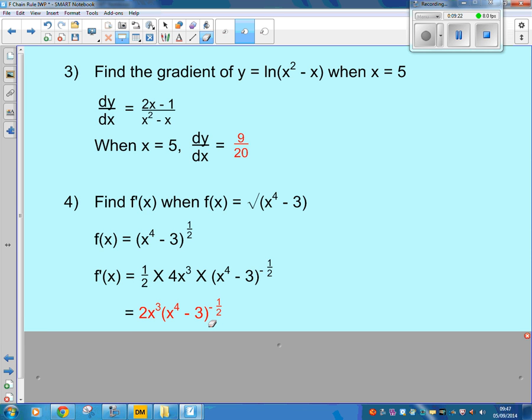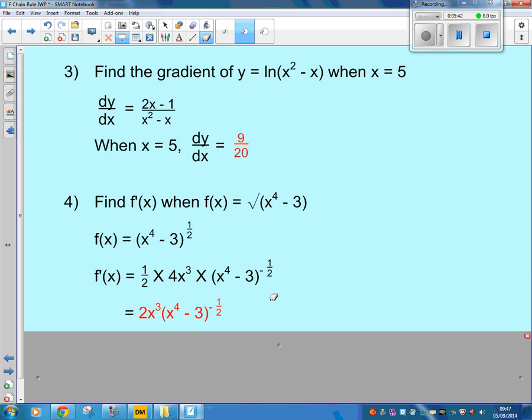But sometimes you need to do some extra work on the question, in which case it's useful to be able to turn this back into a form rather like this. So you can say, well, to the power of a half is square root of, to the power of minus a half, well, if it's a negative index, it's reciprocal of.